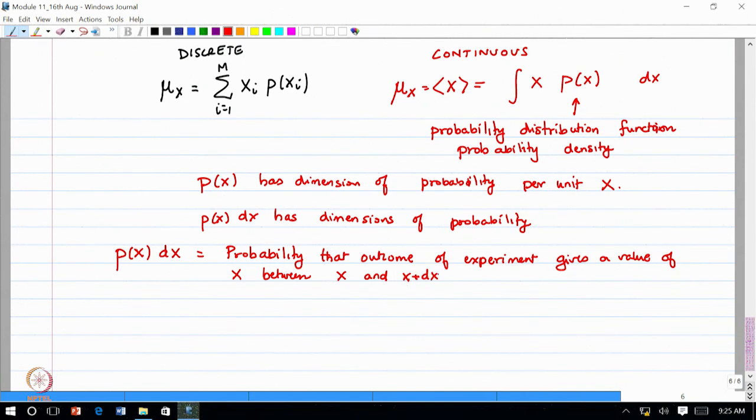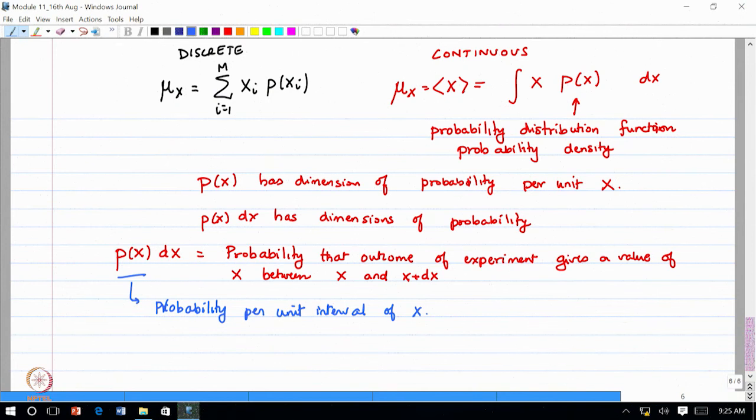So the value of x is in this interval between x and x plus dx. Naturally the interval comes, and therefore p of x is the probability per unit interval of x. This is what we call the probability density or the probability distribution function.